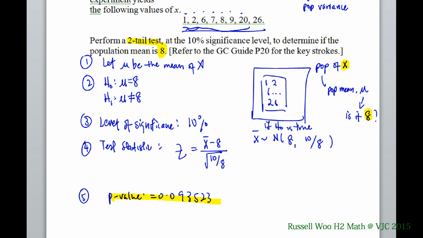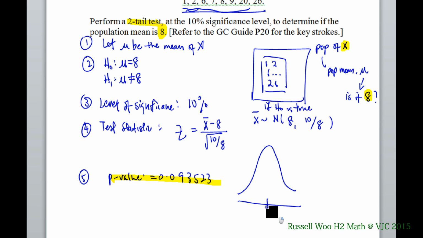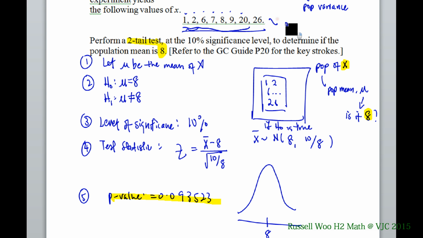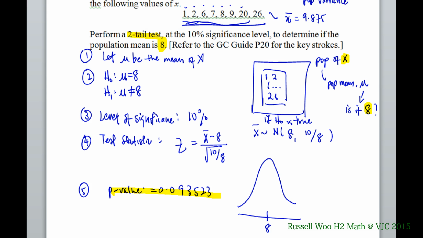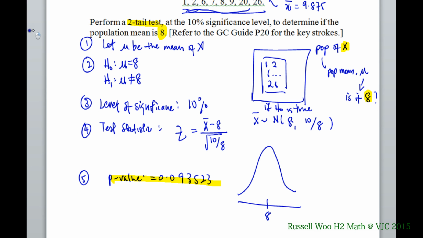It's very interesting now. The p-value is this. Suppose the mean is 8. After calculation, you found out that the x bar calculated here, which is in the notes, is 9.875.